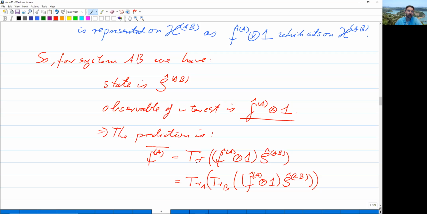I just wrote here that the trace is obtained by first doing the partial trace over B and then doing the remaining trace over A.